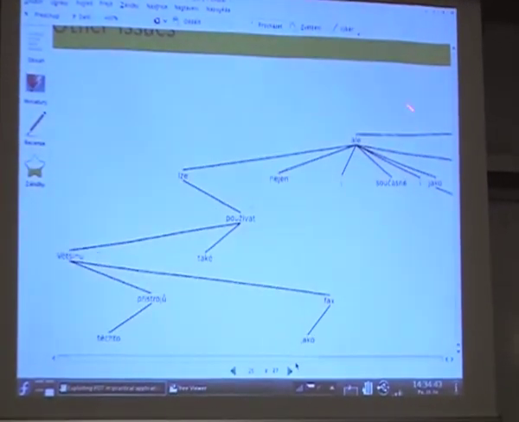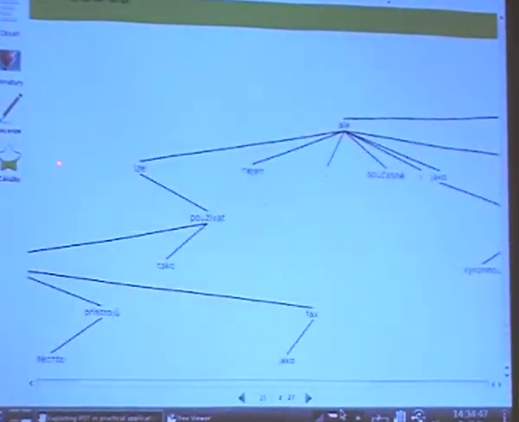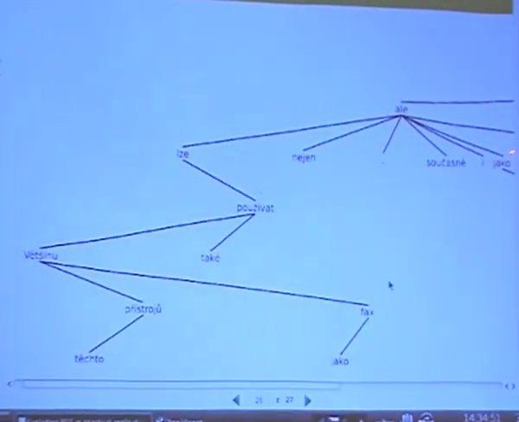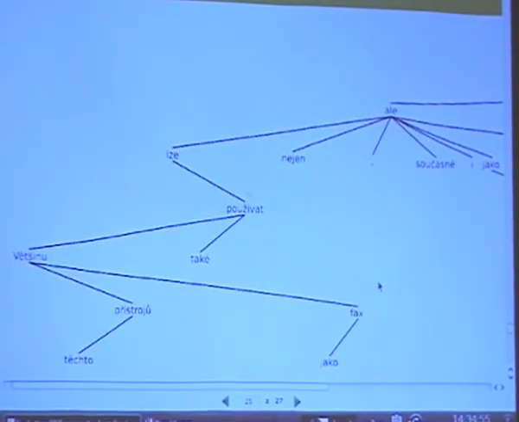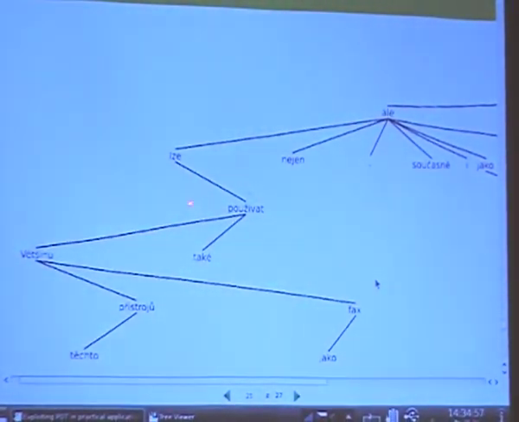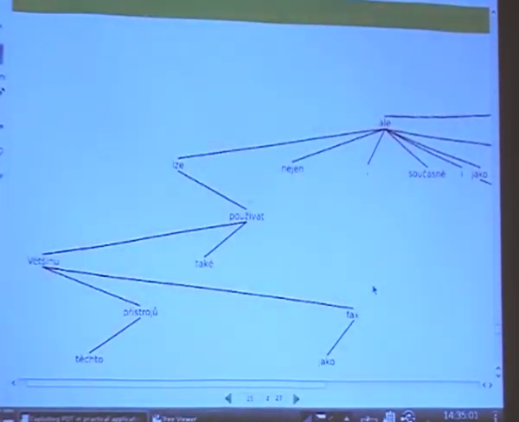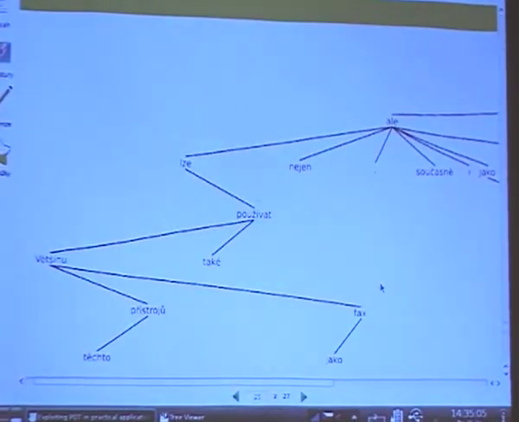Something. There is a top coordination that coordinates actually lze, the particle lze, and the prepositional phrase with jako. I believe that the coordination should be between this jako fax and jako kopírka.